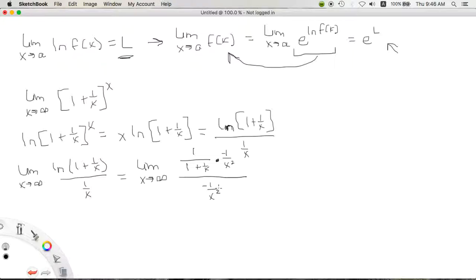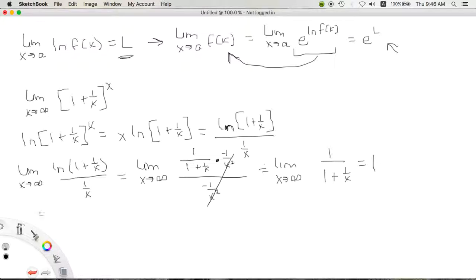But you take the derivative of the individual pieces, not the whole thing. So we're not doing the bottom times the derivative of the top and all that stuff. Just take the derivative of the top and then the derivative of the bottom. That's L'Hopital's rule. So when we simplify this down, we get the limit as x goes to infinity of 1 over 1 plus 1 over x, which is 1.